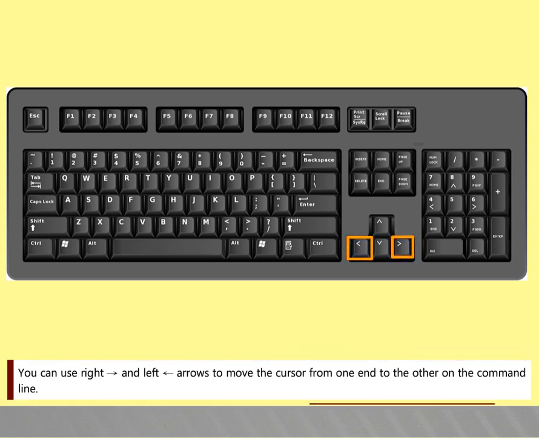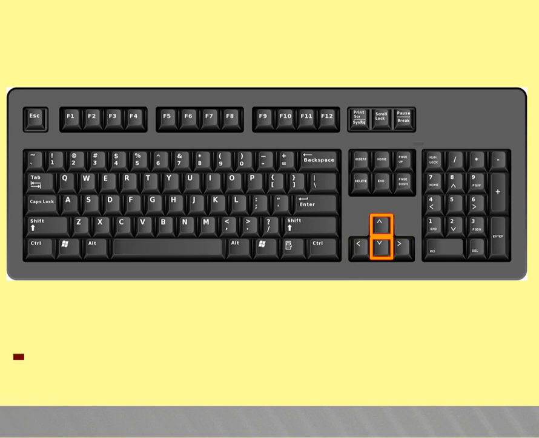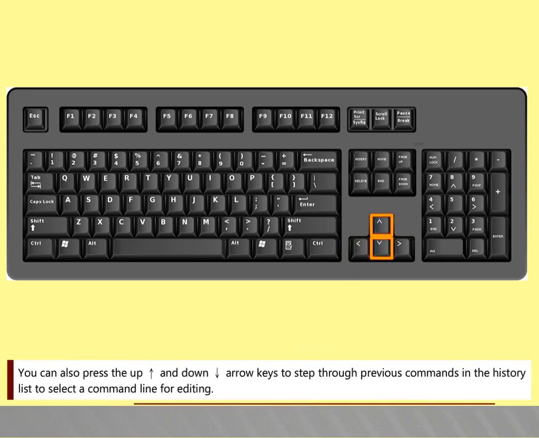You can use the right and left arrows to move the cursor from one end to the other on the command line. You can also press the up and down arrow keys to step through previous commands in the history list to select a command line for editing.